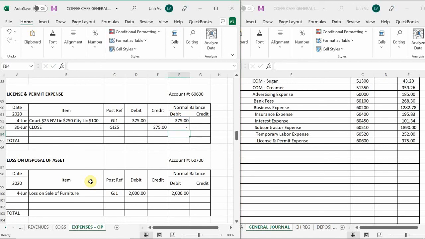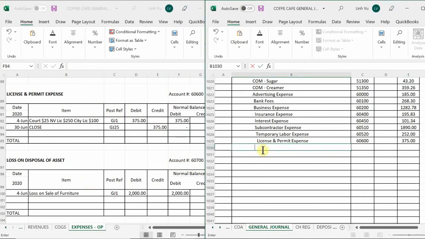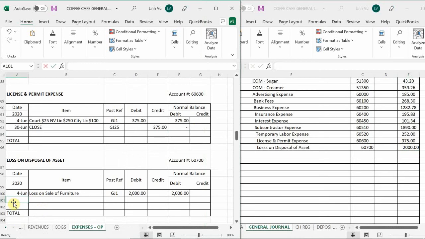And then we have loss on disposal of asset, account number 6700, for the total amount of $2,000.